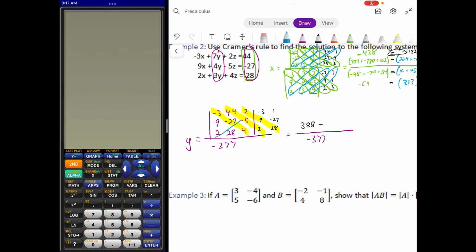We'll multiply the other direction. So that's going to be 2 times -27 times 2 plus 28 times -5 times -3 plus 4 times 9 times 44.